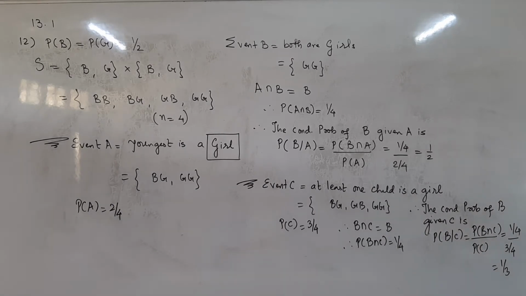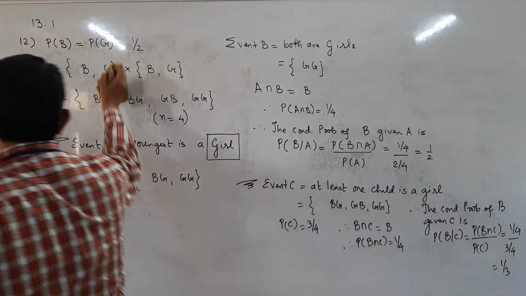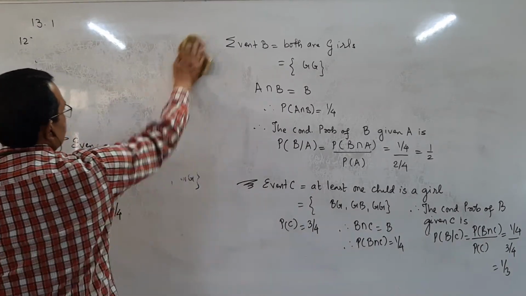So this type of sums are very, very important, students, and you have to understand the method, the perfect subjective method to do and write the sum. Students, in probability, it is very important to know how to write a particular sum.